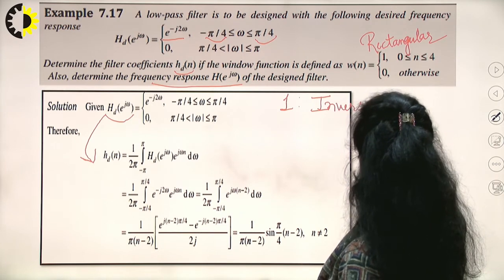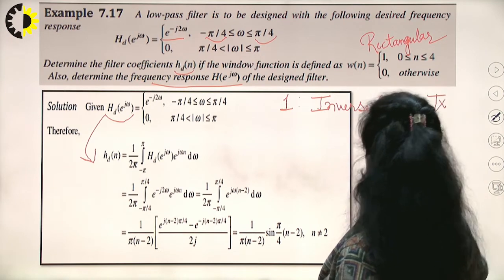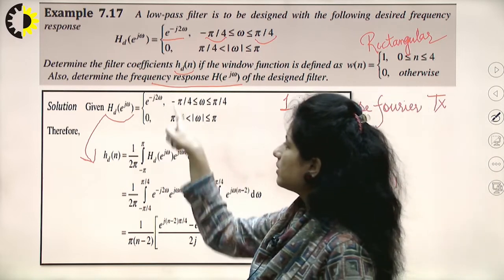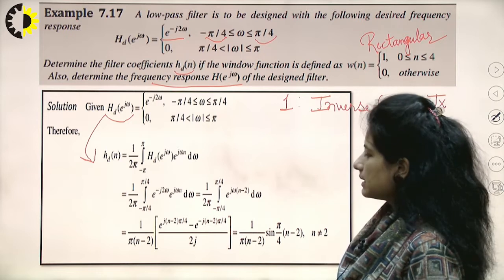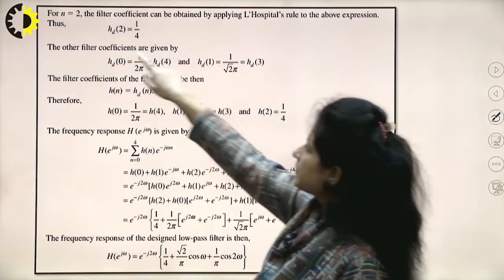So this is going to be the common step in all the designs for different windows and for different response functions. For the given response, I'm going to generate the time domain function by taking the inverse Fourier transform. Then I'll be taking different sample values.